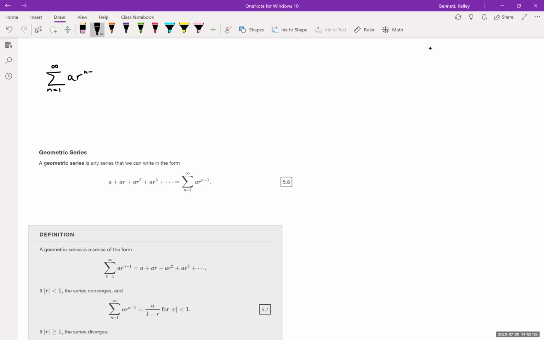I prefer to start my geometric series at 0. So this would give me a times r to the n. If you don't like that form, you could write it that way.